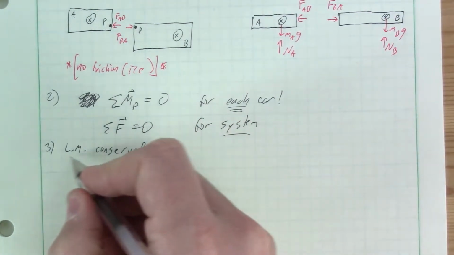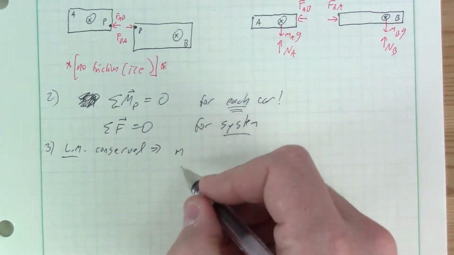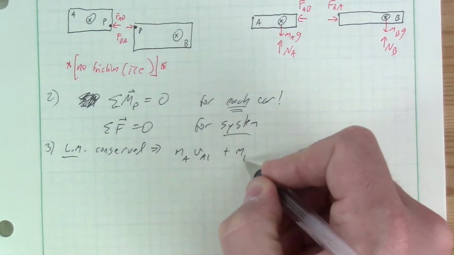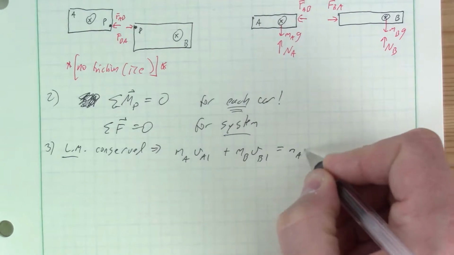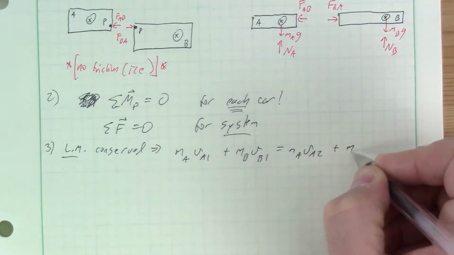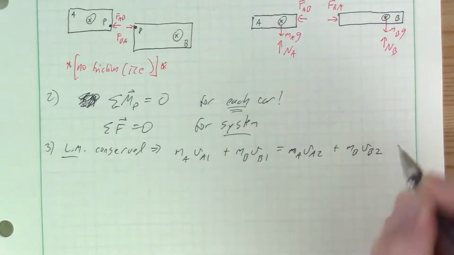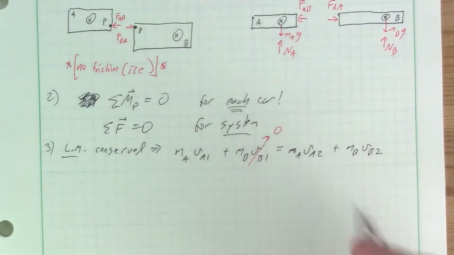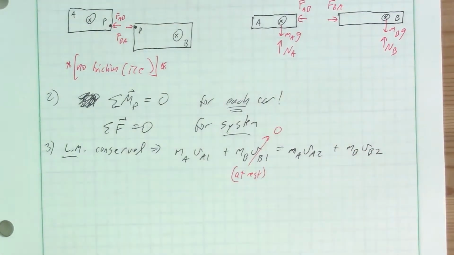Linear momentum is conserved, and this is for the whole system, so we have M_A V_A1 plus M_B V_B1 equals M_A V_A2 plus M_B V_B2. B is originally at rest, so that is 0.